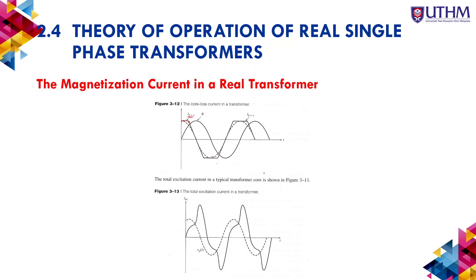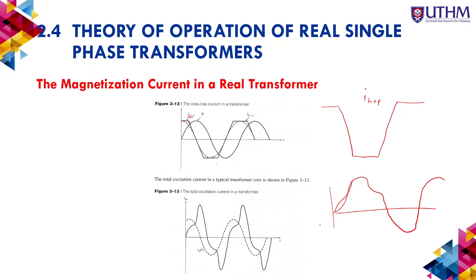Okay, so we have the IM. We look at the current from before, it looks like this. So this is the I H plus E. We also have the IM, like this, something like this.